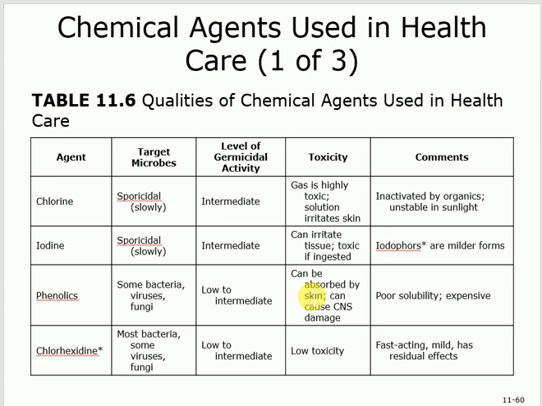Okay? How about the iodine? It is slow sporicidal, and it is intermediate. Phenolics, it's slow to intermediate. Iodine, this is low to moderate. So obviously when we say low to moderate, do we know what we're talking about?